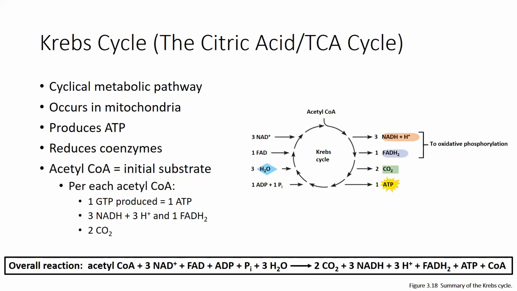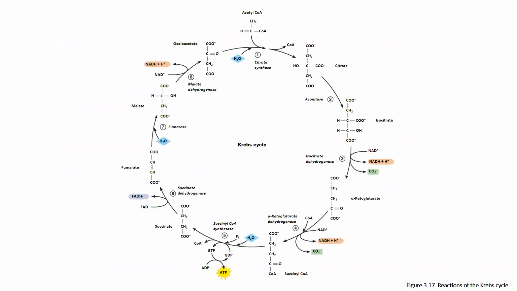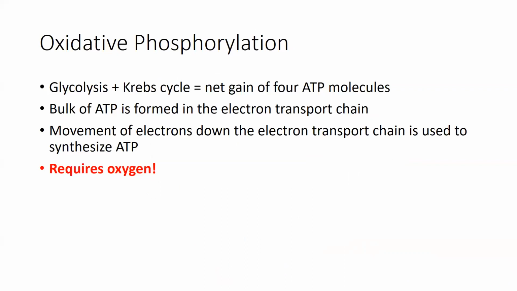Okay. All right, and this is the sequence of events that is included in the Krebs cycle. The Krebs cycle is also called a TCA cycle or the citric acid cycle. Those are some synonymous terms. And again, don't get too worried about the steps here, just the important substrates and the important end products that we yield.